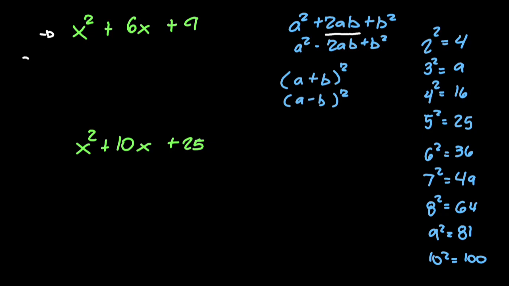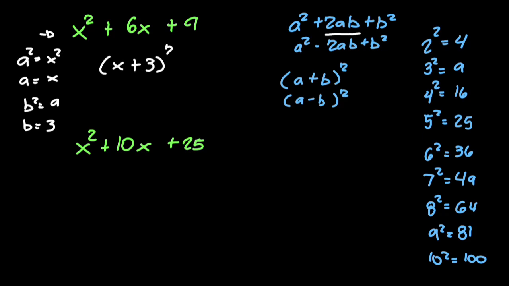So in this problem of ours, a squared here would be x squared, and a here would be x. B squared would be 9, and the square root of 9 would be 3. So it would be x plus 3 raised to the power of 2.